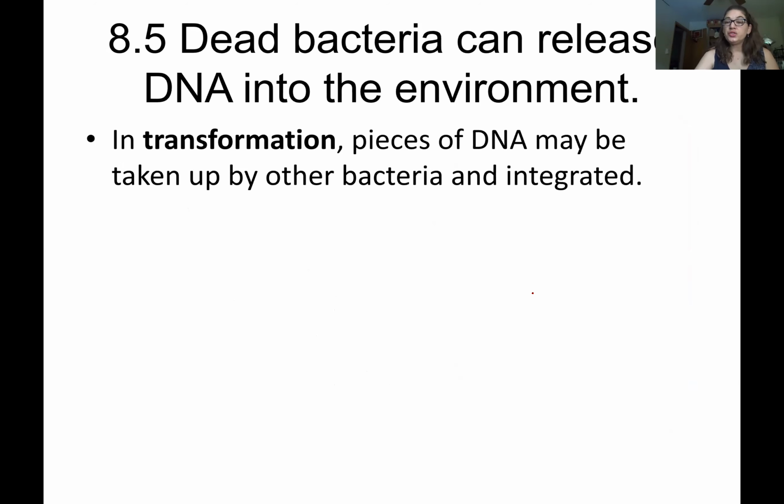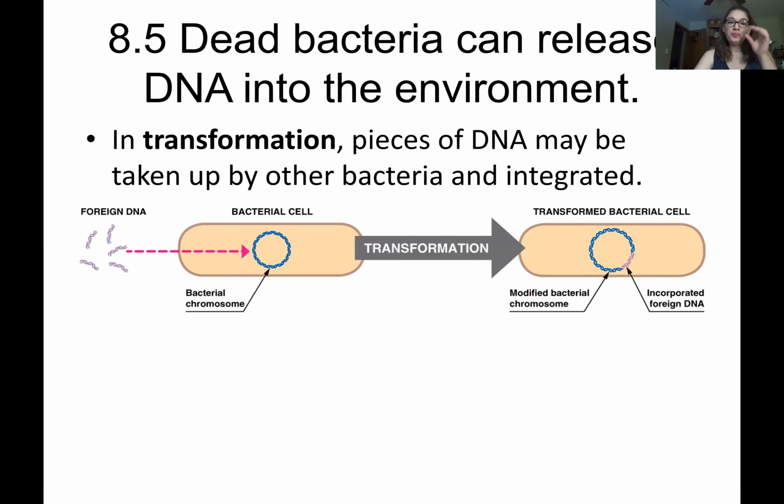First is transformation. These are pieces of DNA that can be taken up by other bacteria and integrated into their bacterial chromosome. Here we have an example. We have these foreign little segments of DNA. They're taken up by the bacterial cell into its chromosome. Note that the chromosome is circular.